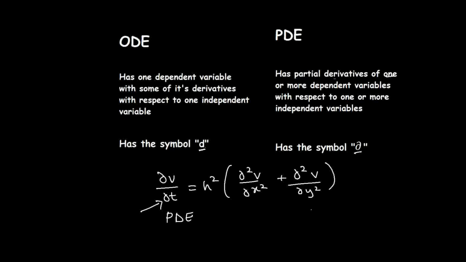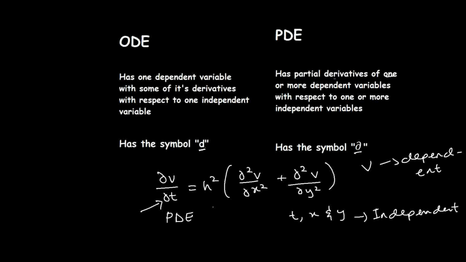Also, we have three independent variables in this differential equation, which are t, x, and y, and we have one dependent variable, which is v. Therefore, this is a partial differential equation. Let's take another example.